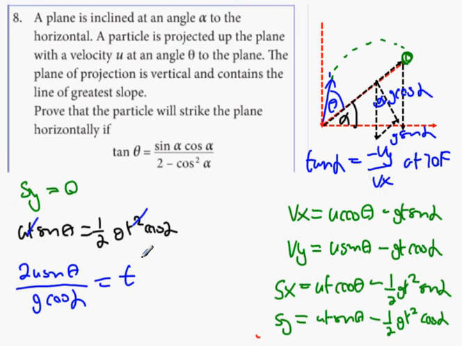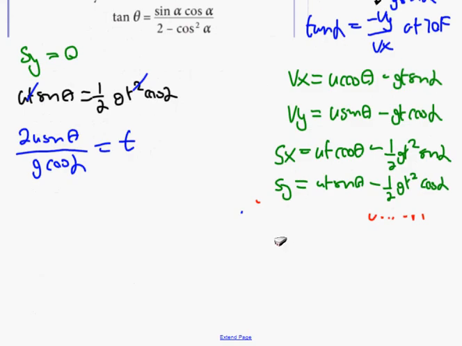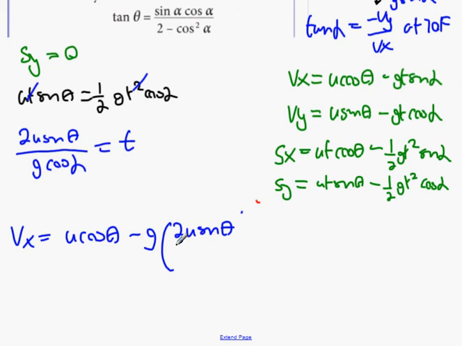Now that we've done that, we're going to have to find phi x and phi y. It's just a matter of putting into the phi x formula and the phi y formula. So phi x is going to be u cos theta minus g t, so it's going to be g times 2u sine theta over g cos alpha, multiplied by sine alpha.